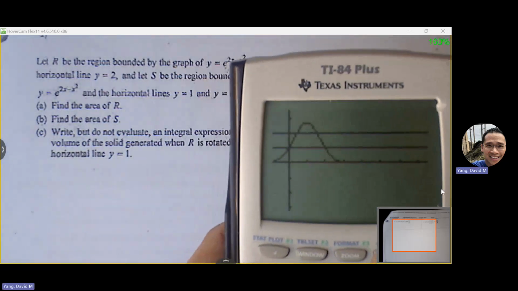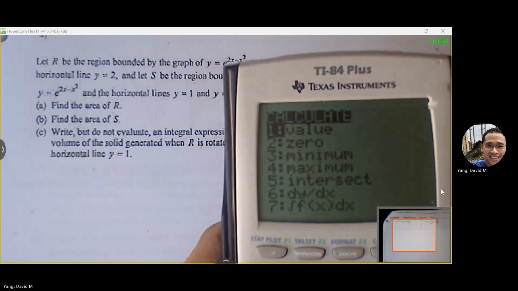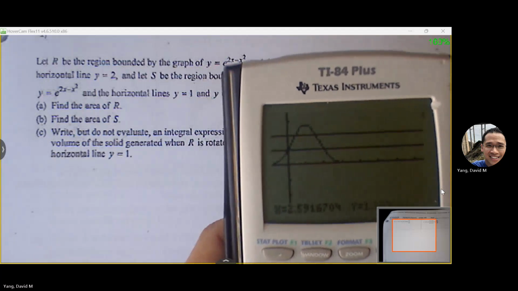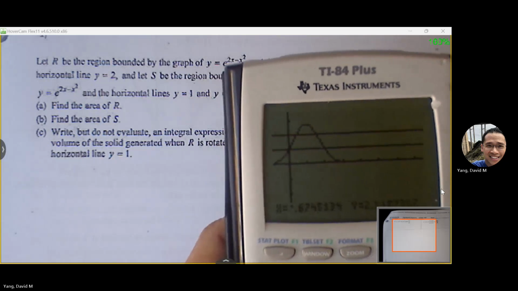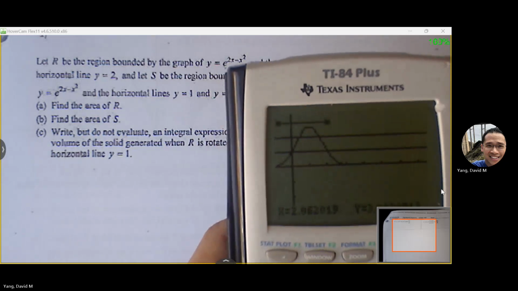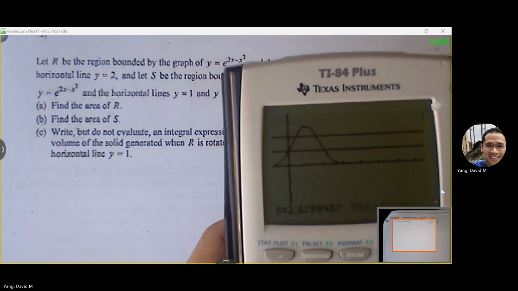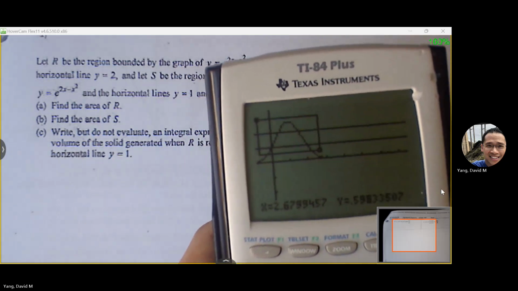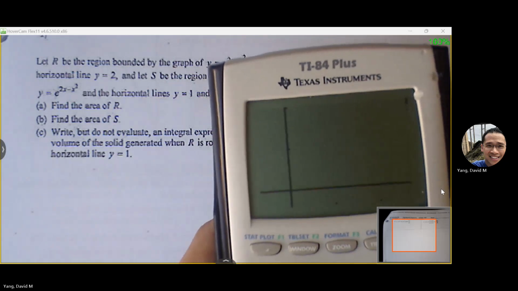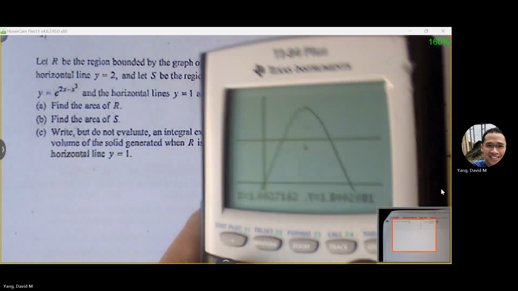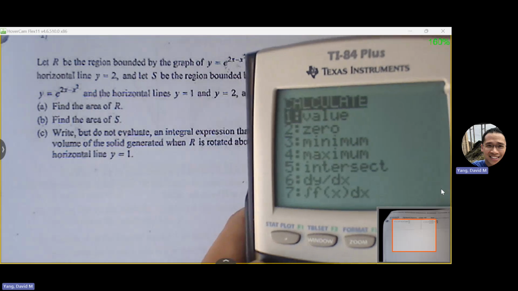If you want, you can also draw a box around where you want to focus in on. Second trace, intersect.